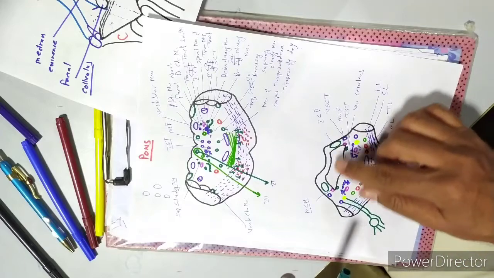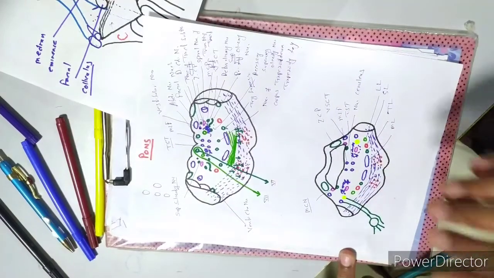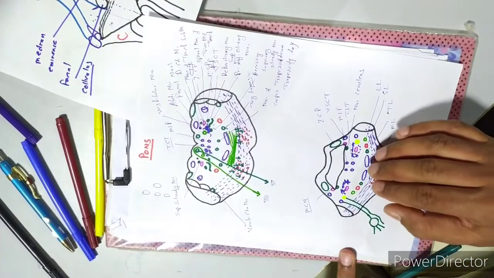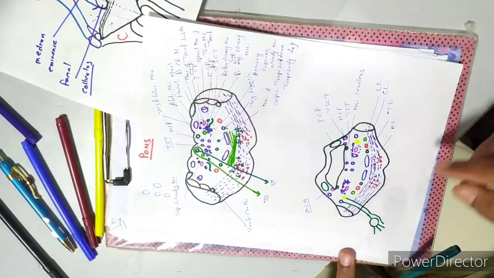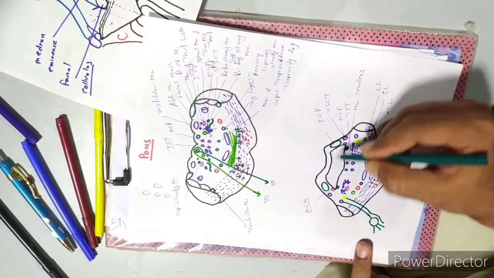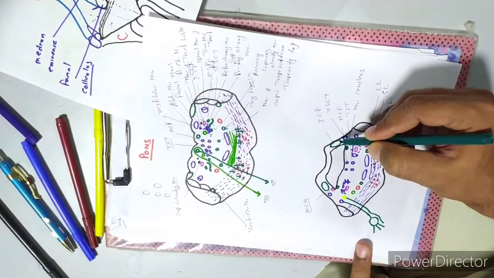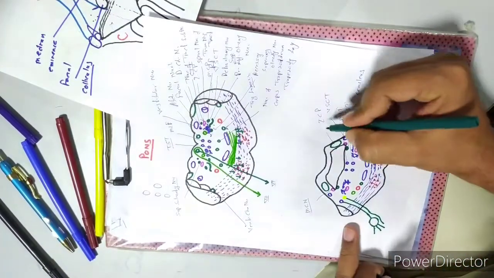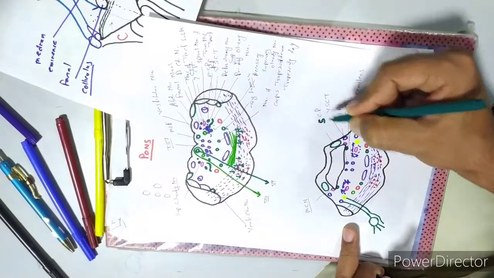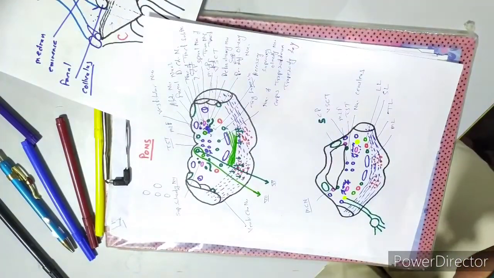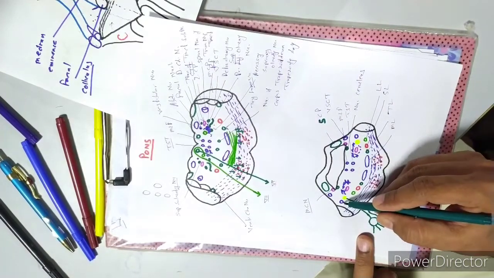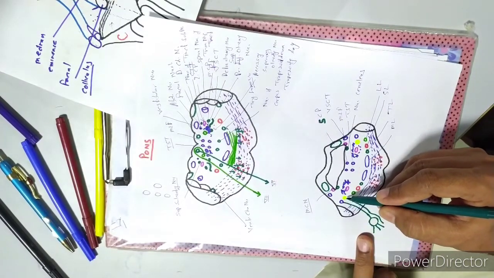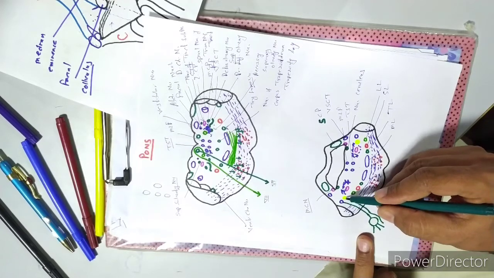Clear? So this is the cross section of the upper part of the pons, where we have seen two or three specific features. One is the superior cerebellar peduncle seen here, and the mesencephalic nucleus, and two other nuclei, the principal sensory nucleus and the trigeminal nerve.